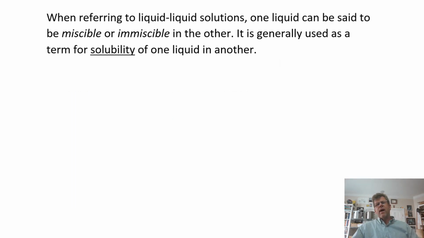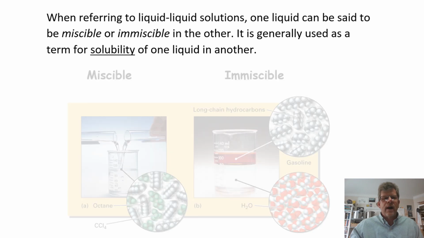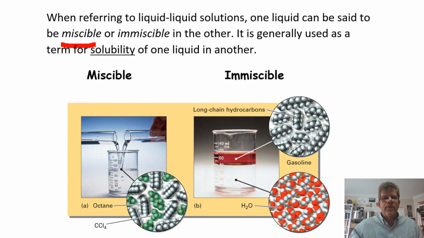Another type of solution we looked at, a somewhat familiar one, is liquid-liquid solutions. We talk about this concept of the solubility of a solute in a solvent, and this is almost an afterthought. If the solute is a liquid, just like the solvent, we say that the liquid solute is miscible in the liquid solvent.